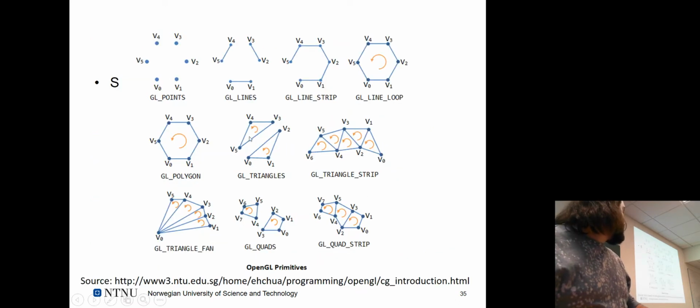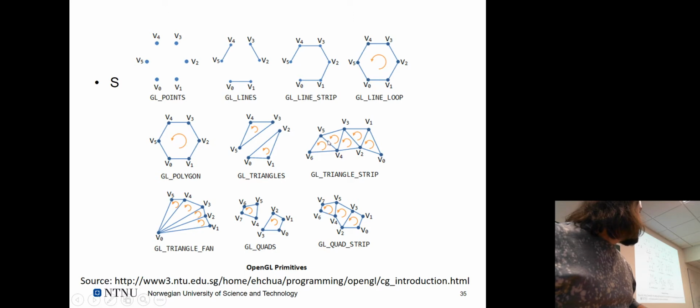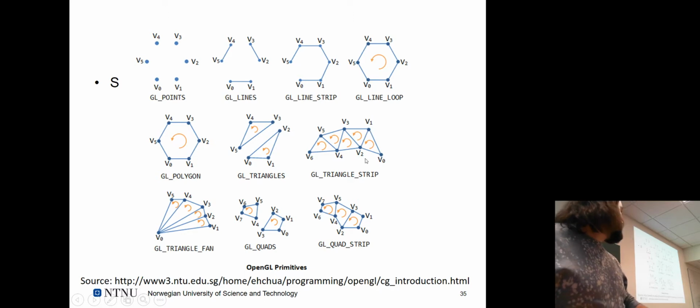Triangles are just separate triangles defined by 3 unique vertices, while in a triangle strip every next triangle is using 2 vertices from the previous one. So we first drew this one, then the next one uses vertex 4 and vertex 5 and adds vertex 3 and defines a new one. Then the next triangle uses vertex 3 and vertex 4 and connects with vertex 2 to define the next one, and so on.